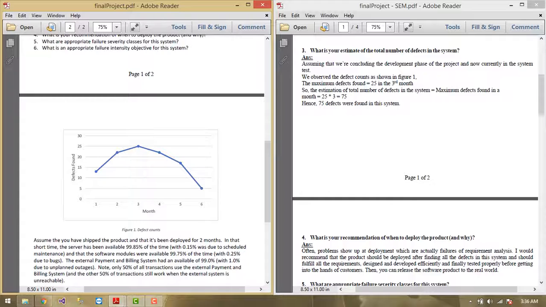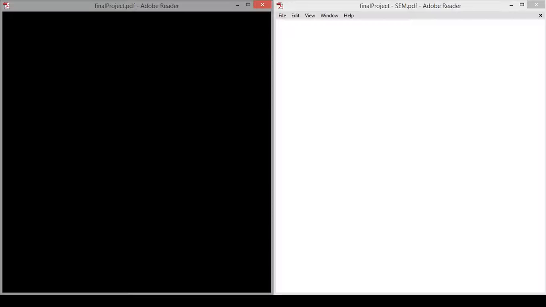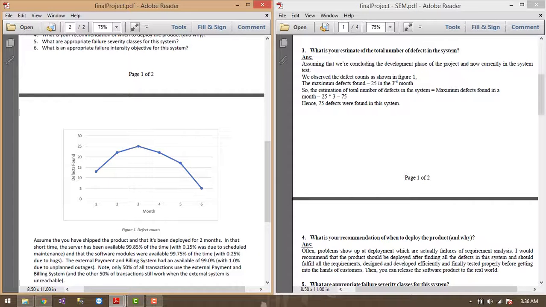So the total estimate of defects in the system should be calculated by adding: in the first month it has got around 13 defects, in the second month it has got 23 defects, so 13 and 23 is around 36, and in the third month is 25. So 36 and 25 is 61, and in the fourth month it has got 22. In the fifth month it has got around 17 or 18. In the sixth month it has got 5.